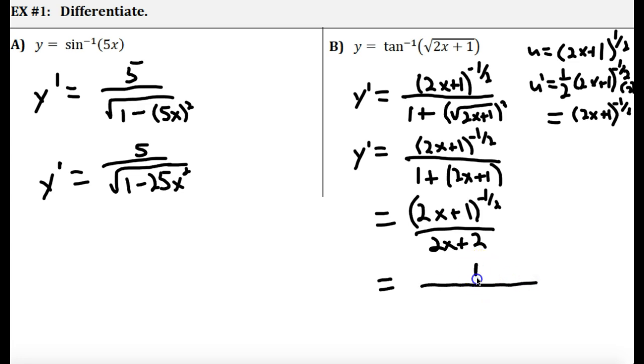And I can make this 1 over 2x plus 2 times, now since our original problem had a square root, I would probably go ahead and guess that if we saw a problem like this in a multiple choice setting, our final answer would look like this. 2x plus 1 to the negative 1/2 power in the numerator is the same thing as the square root of 2x plus 1 in the denominator. So I want you guys to go ahead and try the next two here.